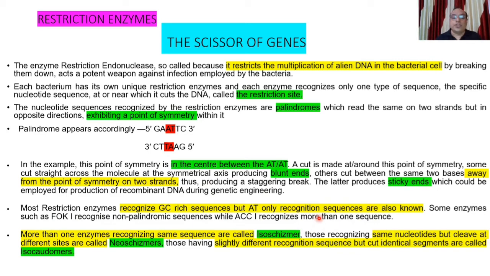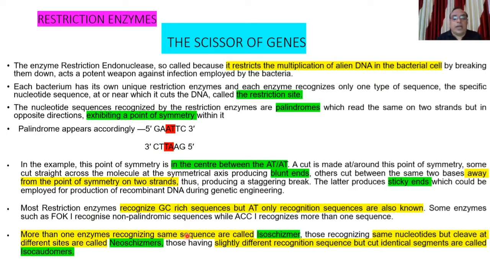And some others do recognize even non-palindromic sequences. So recognition of palindromic sequence is not the rule, rather it is the most commonly found phenomenon. Most of the enzymes of type 2 recognize the palindromic sequence.